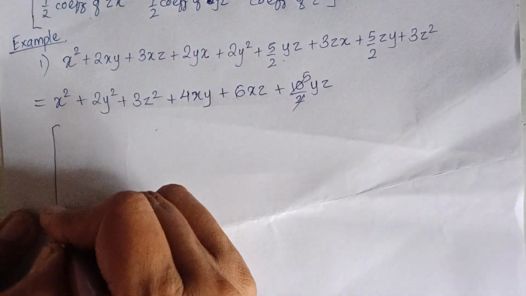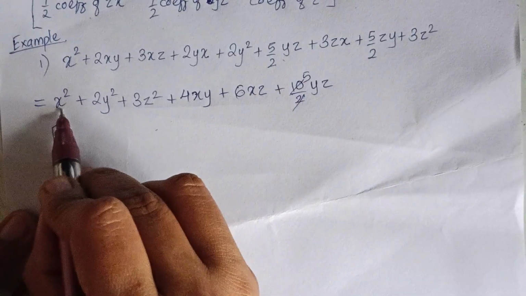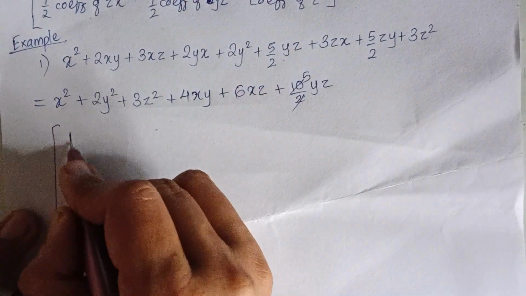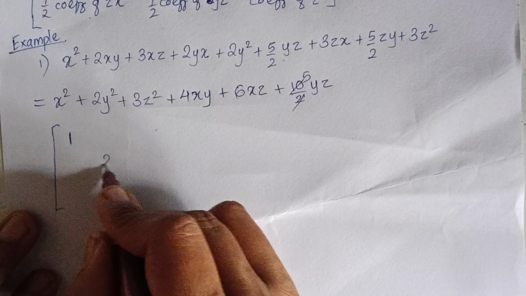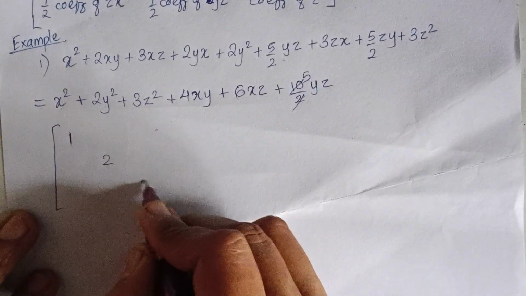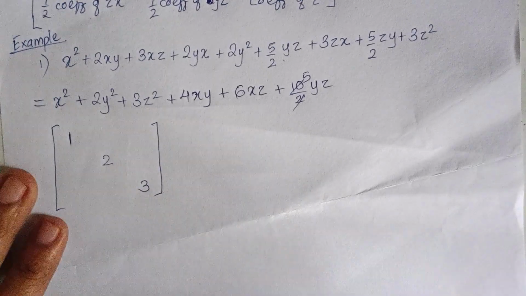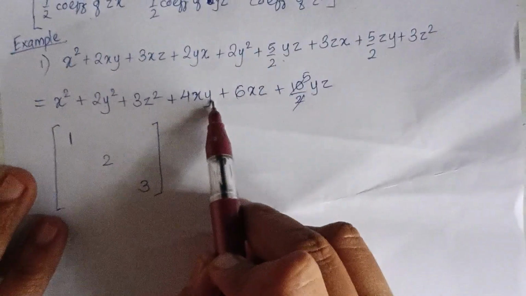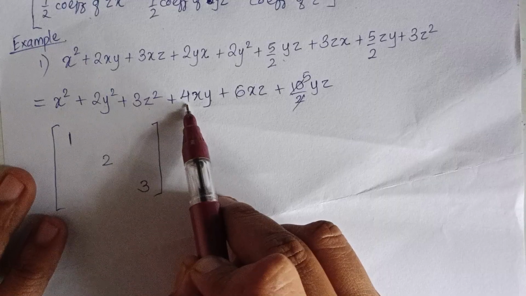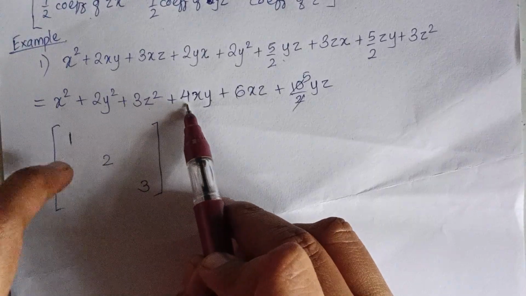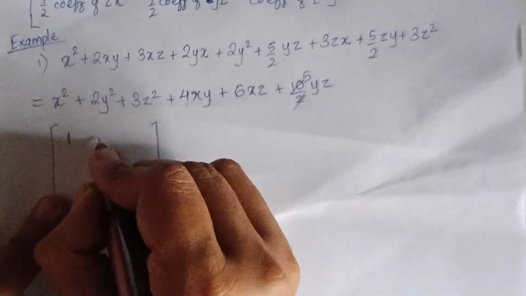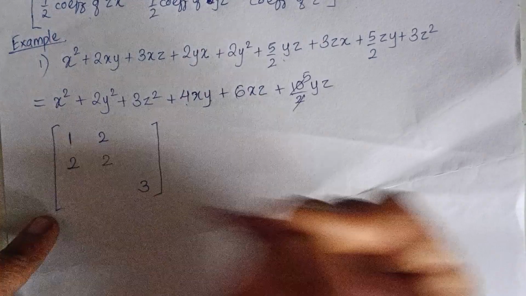Now we'll convert it to matrix form. First thing you have to write: coefficient of x square is 1, coefficient of y square is 2, coefficient of z square is 3. Now go for the coefficient of xy, and you have to divide by 2. So those two terms come here: 4 divided by 2, 4 divided by 2.